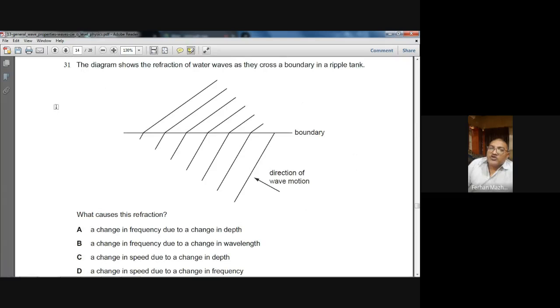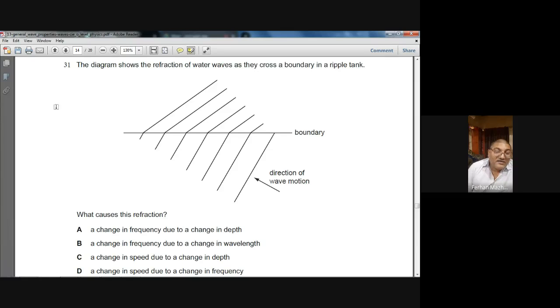The diagram shows refraction of water waves as they cross a boundary in a ripple tank. What causes this refraction? A change in the frequency due to a change in the depth? No. The frequency does not change. A change in the frequency due to a change in the wavelength? That's wrong. The frequency does not change. A change in speed due to change in depth?